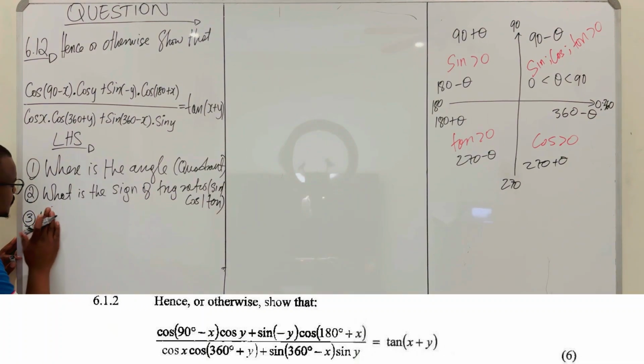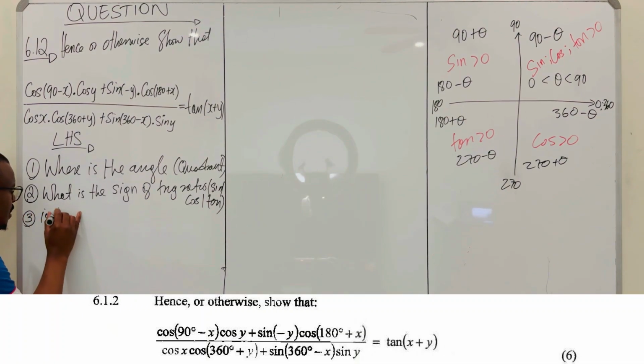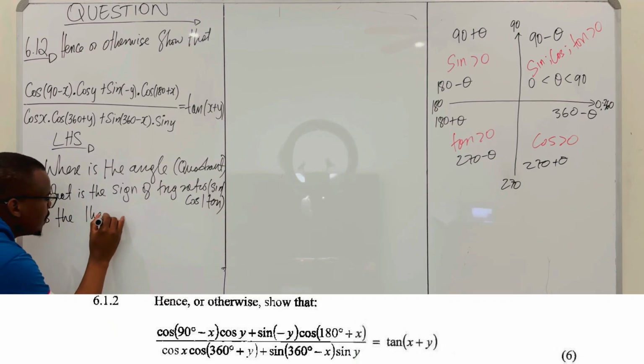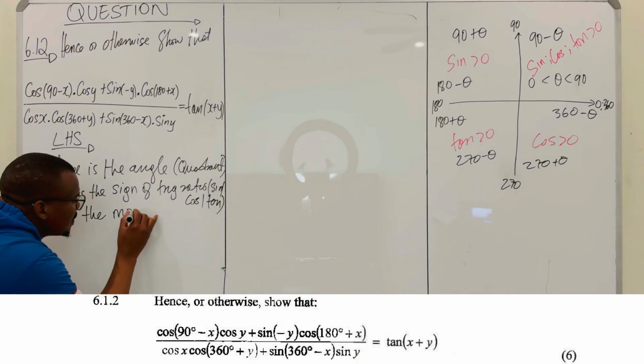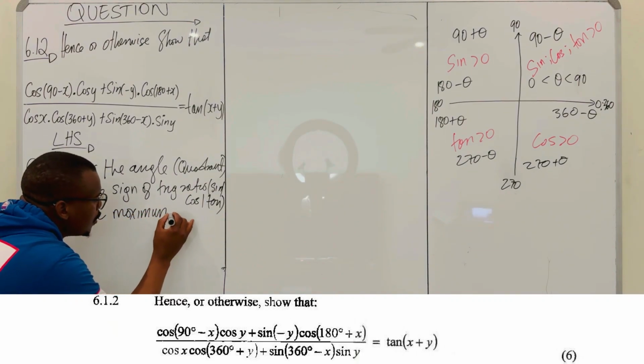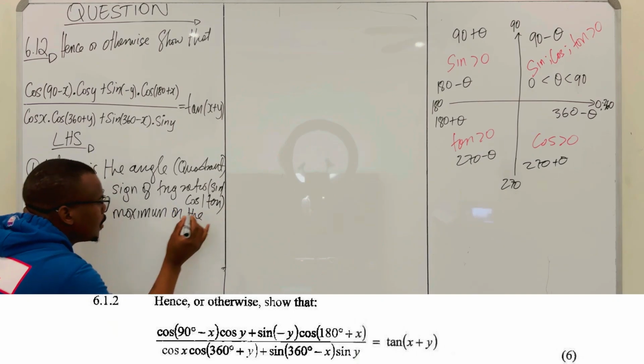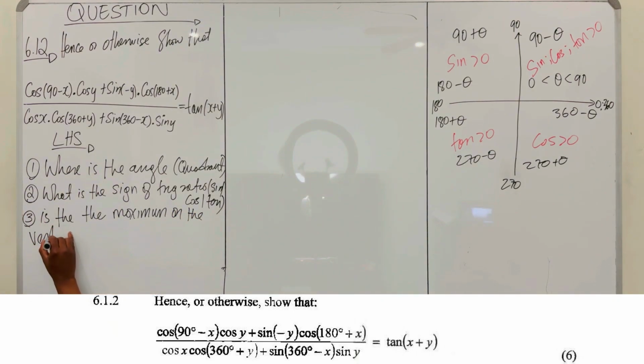actually, the third question is: is the maximum on the vertical or horizontal line?